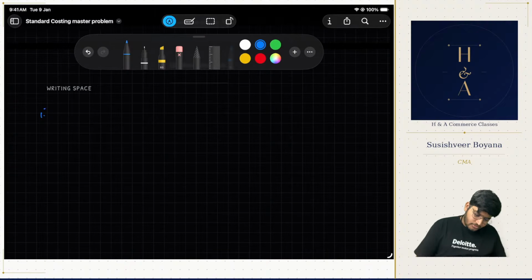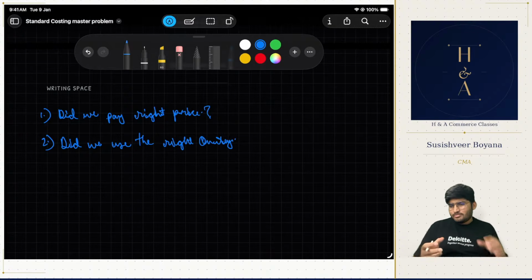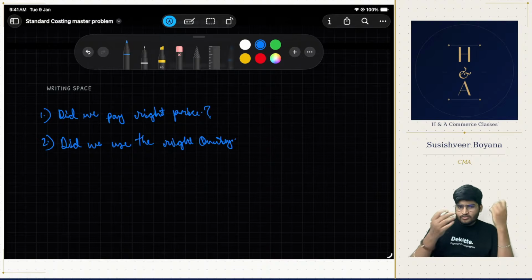First question I asked you is, did we pay the right price? Second question I asked is, did we use the right quantity? If you're using the same quantity, cook time should be the same. Only if you've increased the quantity would cook time have increased.